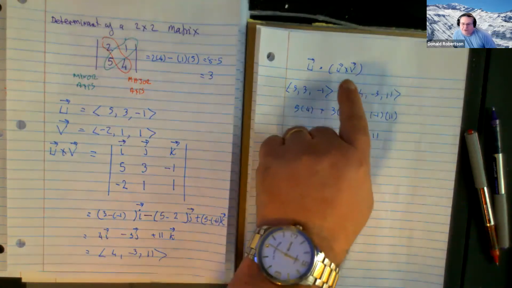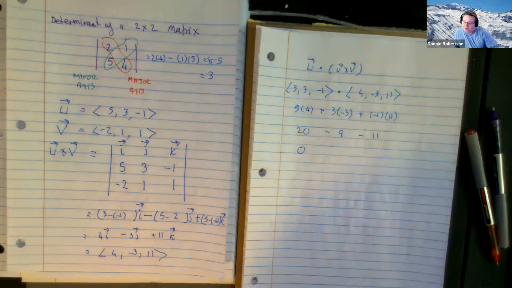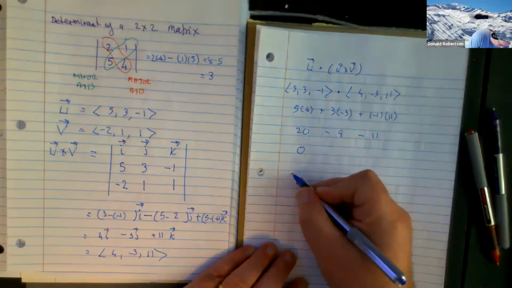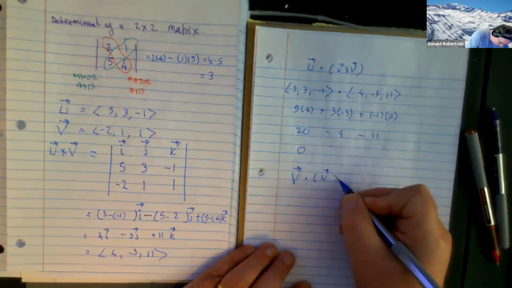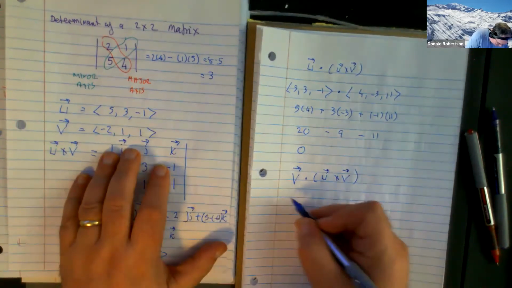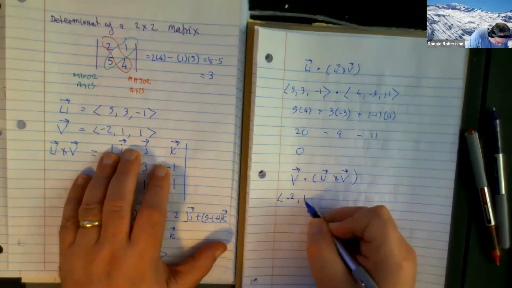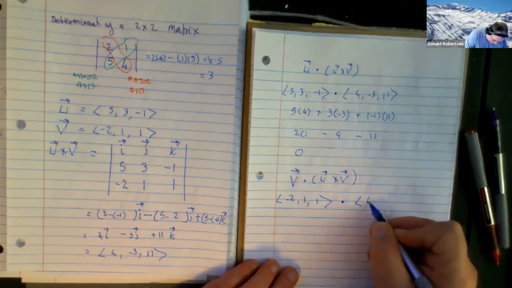Well, all that proves is that this guy is orthogonal to U, but doesn't it also have to be orthogonal to V at the same time, right? I could have screwed up in that way. So let's do a check on this one. And the vector V is -2, 1, 1. And it's a dot product with the same guy as before.